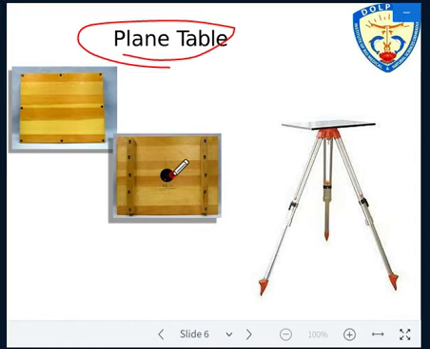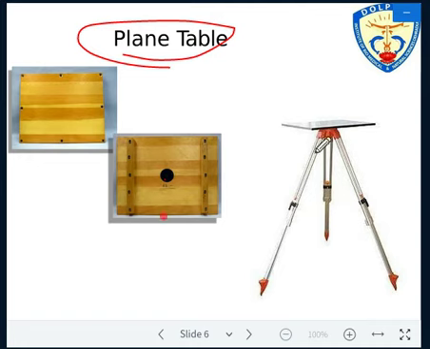Fine. It has to be mounted on the tripod, and some clamps are also provided with this plane table. Certain clamps are there to fix the plane table on the tripod, right?